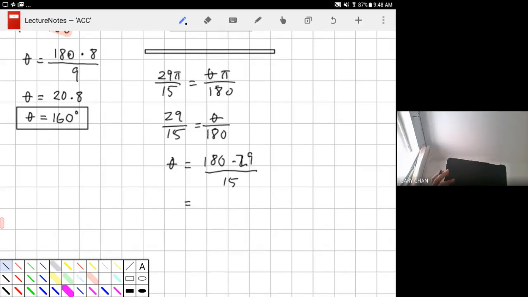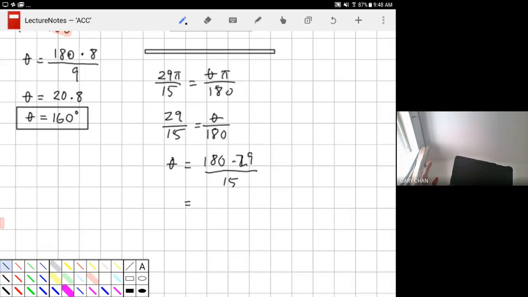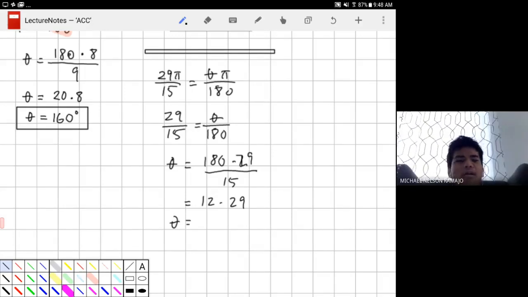Is there a common factor between 180 and 15? 15. 15 goes into 180 twelve times. So it's 12 times 29.